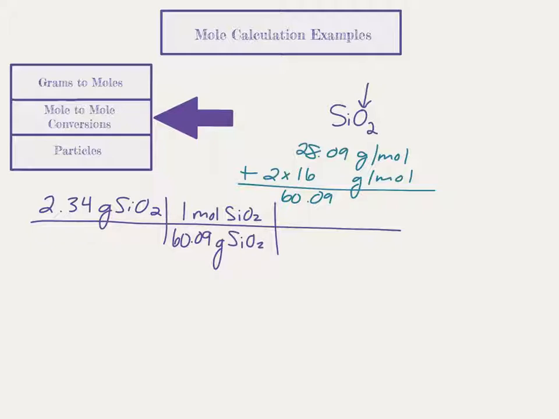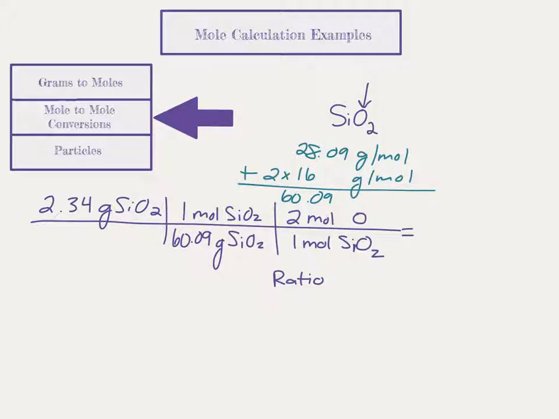Well, all we need to do here is a ratio. Inside of each silicon dioxide formula unit, we have 2 oxygens. So you could say every mole of silicon dioxide will have 2 moles of oxygen atoms inside of there.